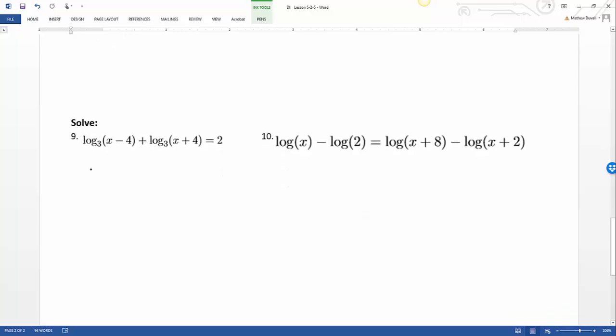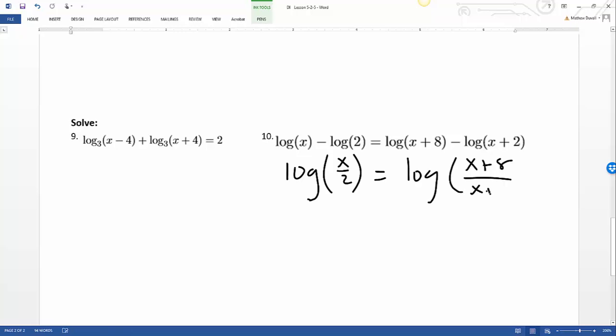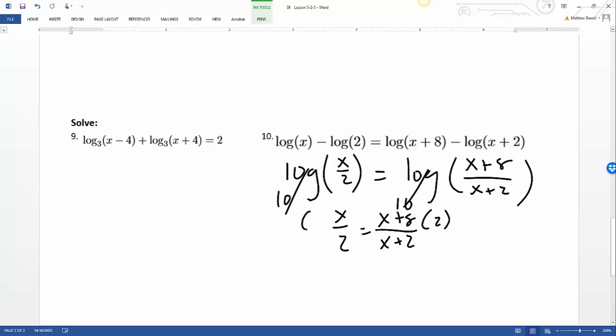Remember, you have to condense the logs first. So this will be log of x over 2 equals log x plus 8 over x plus 2. Then base 10 cancels these out. Multiply by 2.